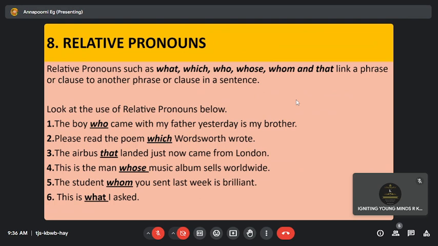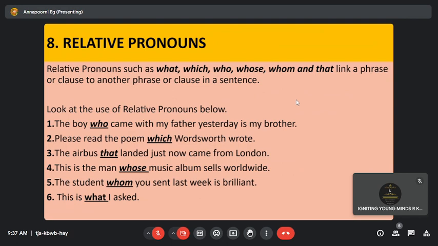Who is your friend? Which is your pen? Whom did you meet? Whose book is this? So in all these sentences, these words are used in the first part itself, in the beginning itself. If they are used in the first part, then they are interrogative pronouns. ठीक है, स्टार्टिंग में यूज करते हैं तो इंट्रोगेटिव प्रोनाउंस होते हैं, मिडिल में यूज करते हैं तो रिलेटिव प्रोनाउंस होते हैं.